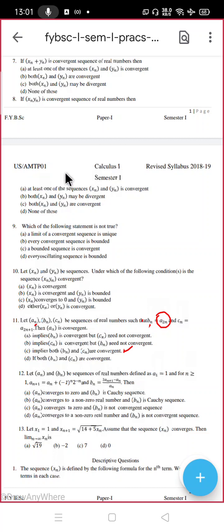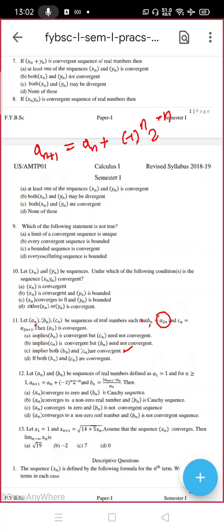En plus 1 is equal to En plus minus 1 raised to n, 2 raised to minus n. Okay, this is what En plus 1 is defined as. You can do this question in two ways.